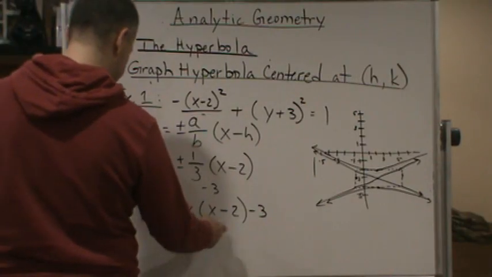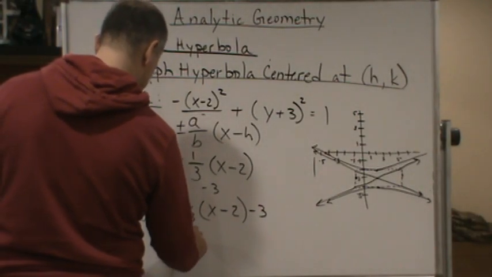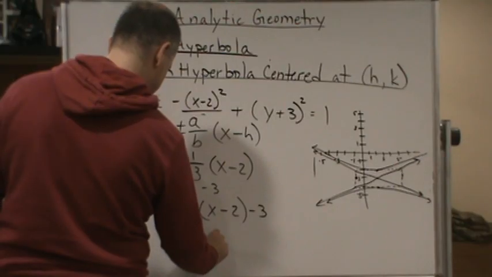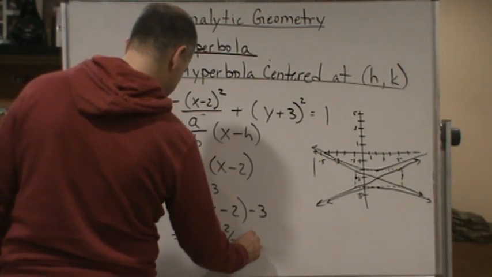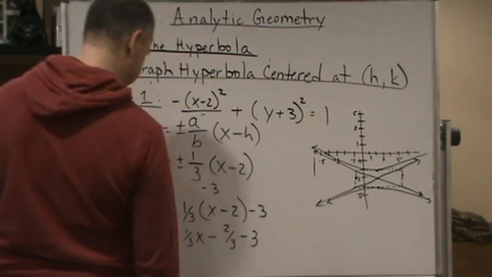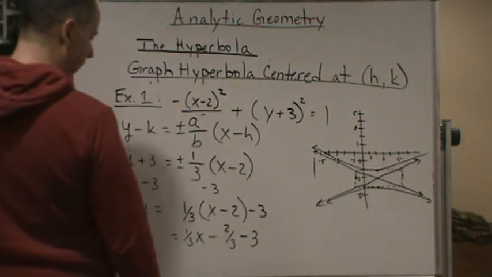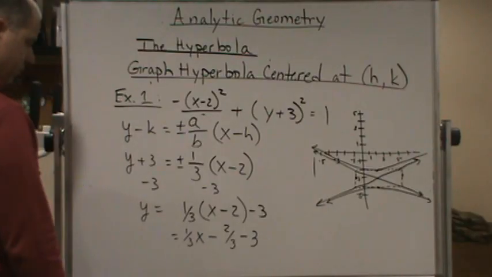So if we do plus, this is going to give us 1/3 x minus 2/3 minus 3. And 3 is 9/3, right?